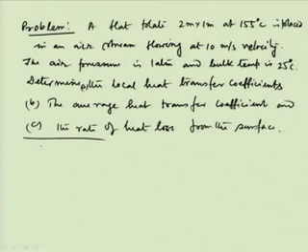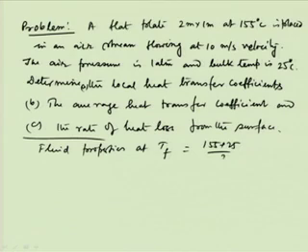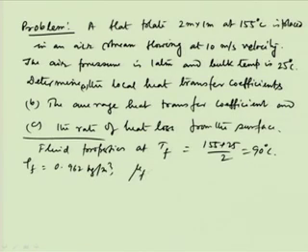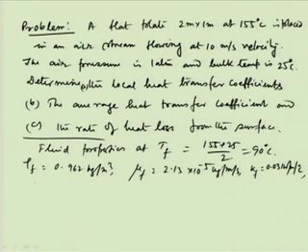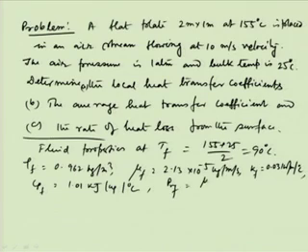So, fluid properties at film temperature, which should be 155 plus 25 by 2 equal to 90 degree centigrade: rho F is equal to 0.962 kg per meter cube, mu F is equal to 2.13 into 10 to the power minus 5 kg per meter per second, Kf is equal to 0.031 watt per meter per degree centigrade, Cpf is equal to 1.01 kilojoule per kg per degree centigrade, and Prandtl number is mu Cp by K, which on putting the values becomes 0.694.